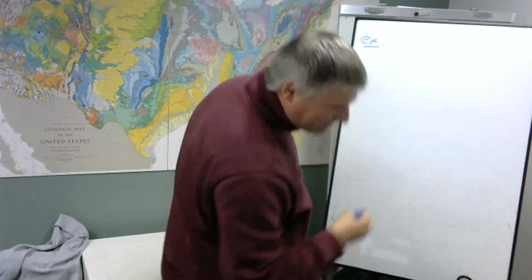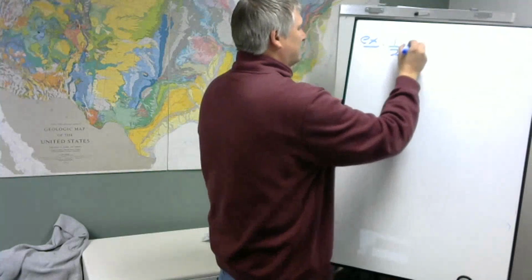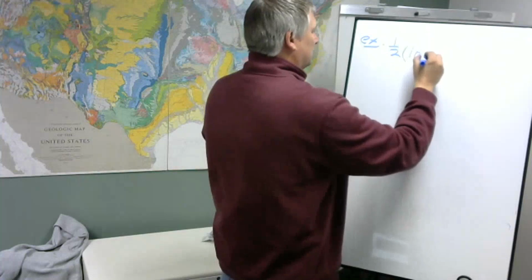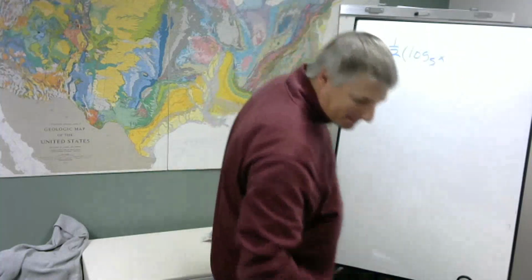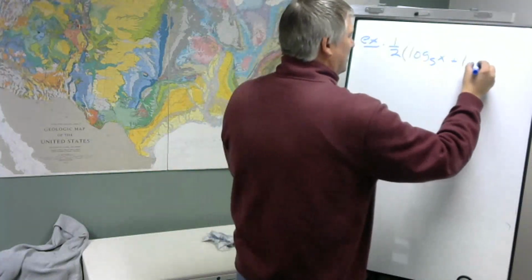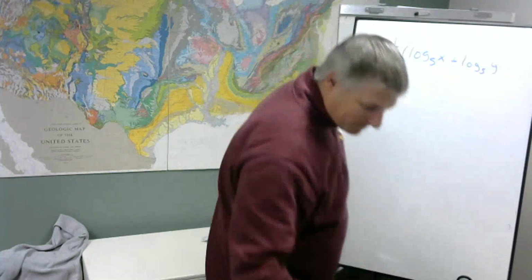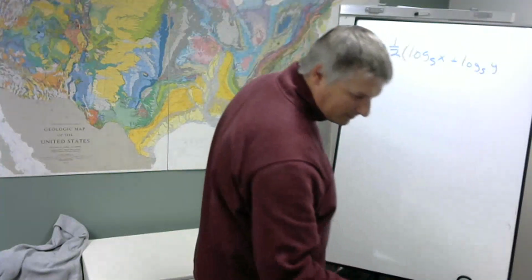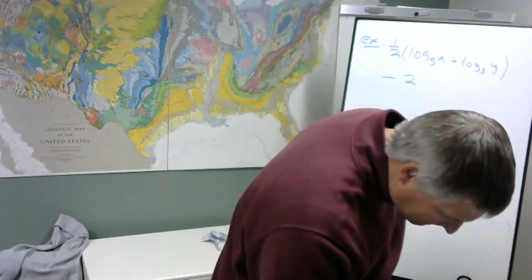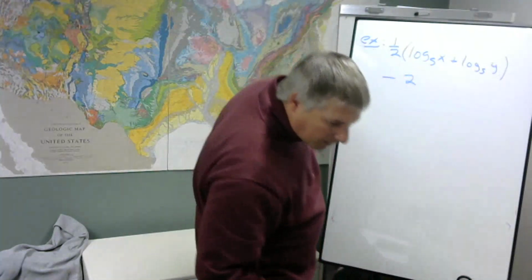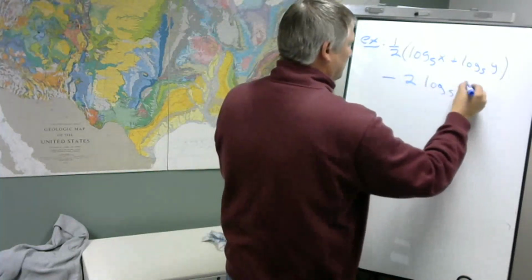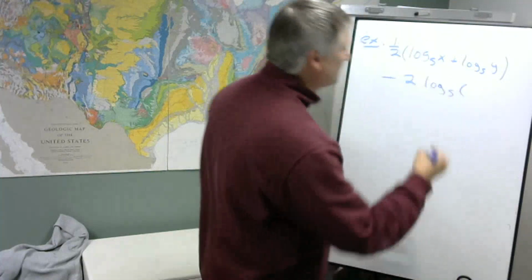Let's say we have 1/2 log base 5 of x plus log base 5 of y minus 2 log base 5 of x plus 1.